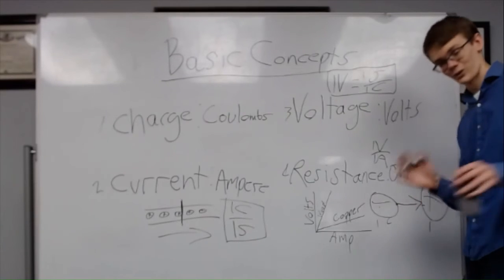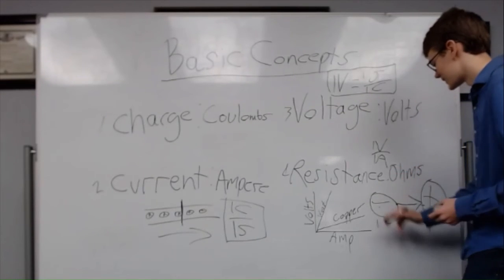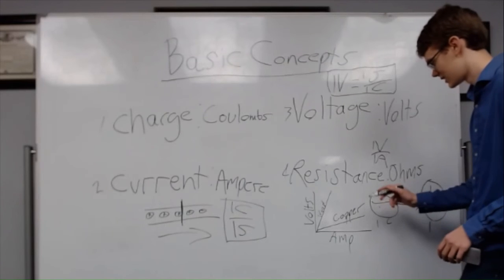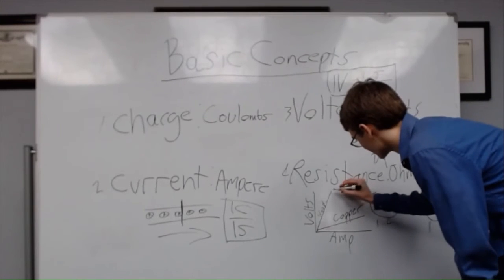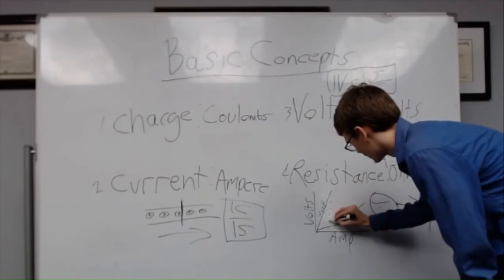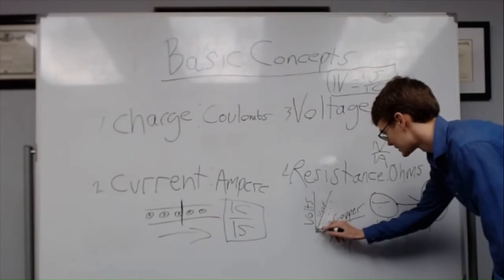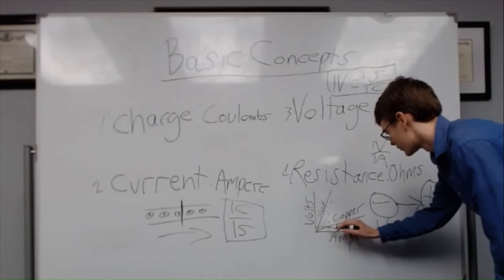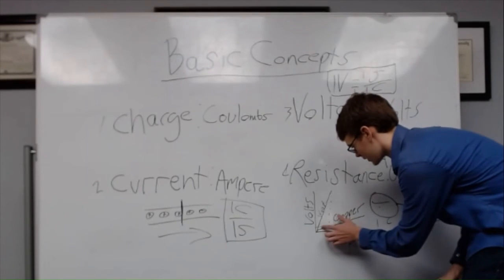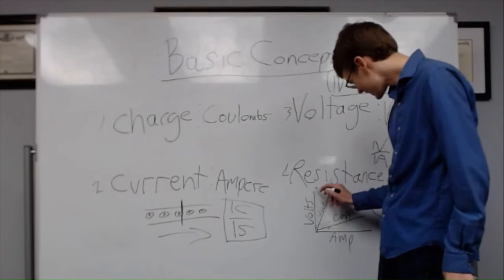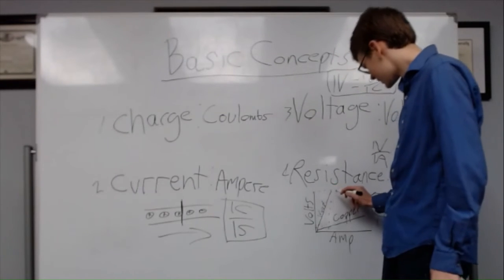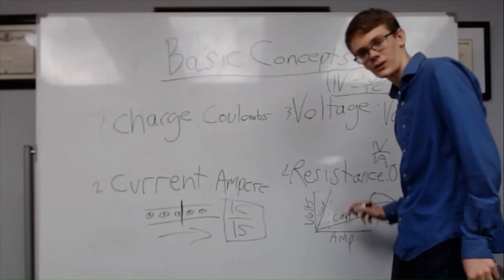That's not anywhere close to 100, but it'll generate the same amount of current. So if we take right here, for copper, it only takes a very small amount of voltage to reach that level of current. But for wood, it's going to take a lot of voltage to get to that same level of current.